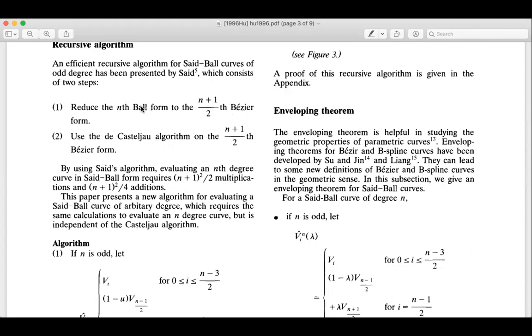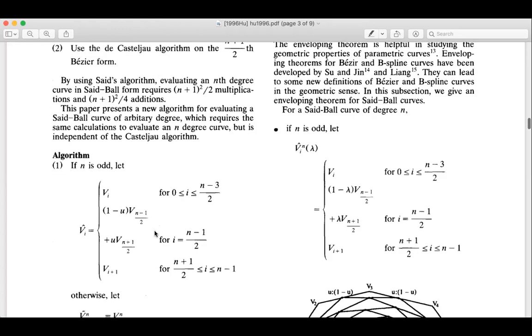This one is the first recursive algorithm for Said-Ball. But this paper presents a new recursive algorithm for the Said-Ball curve.